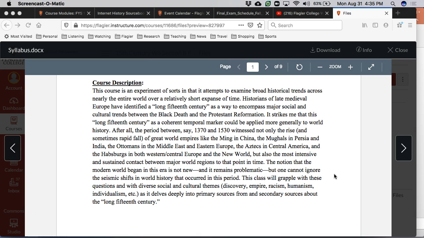Okay. Now, have you encountered long centuries before? There are multiple of these. There are many long centuries. By a long century, when we're talking about historiography, we mean that scholars have identified a period that is not 100 years.